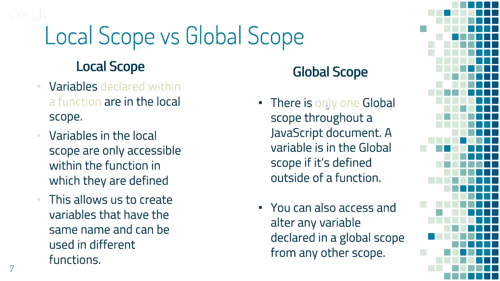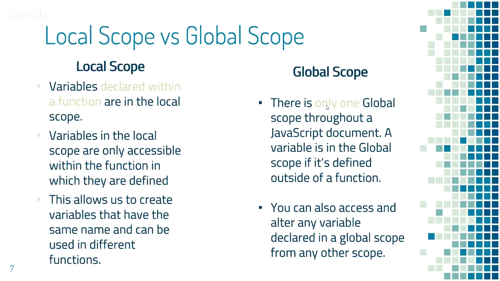Now, let's have a few words about the global scope. Here we see that there is only one global scope, whereas we can have many local scopes. In fact, we have as many local scopes as we have functions inside our code. The variables that are inside the global scope are defined outside of a function.